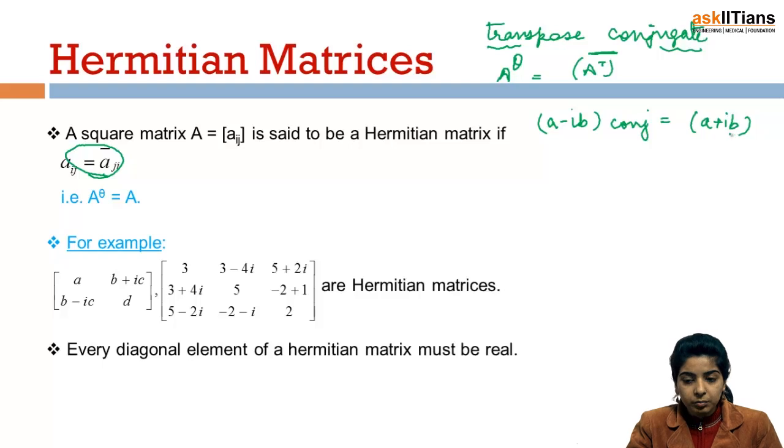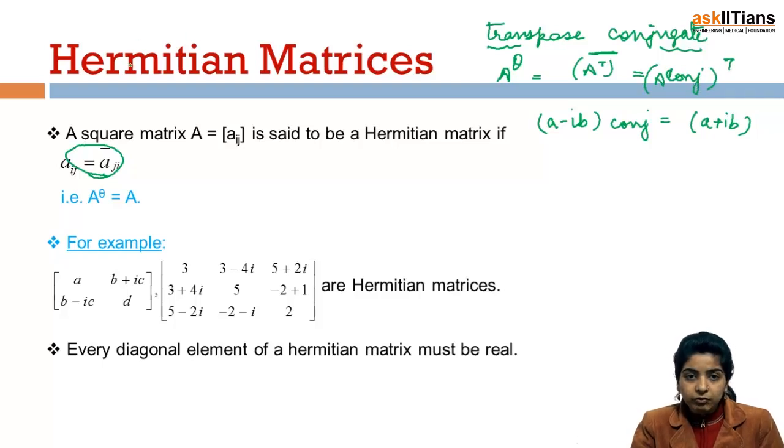Similarly, in the case of matrices, A theta is A transpose and conjugate. You take the transpose of the matrix A and then take the conjugate, or you can take the conjugate first and then take the transpose of the resultant matrix. Both will be the same.